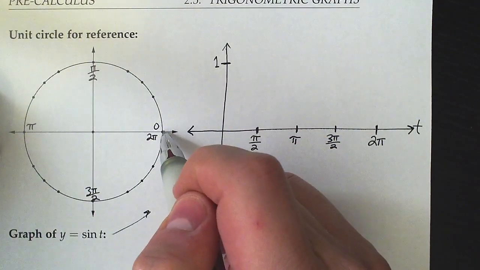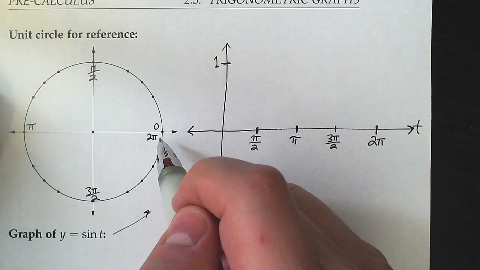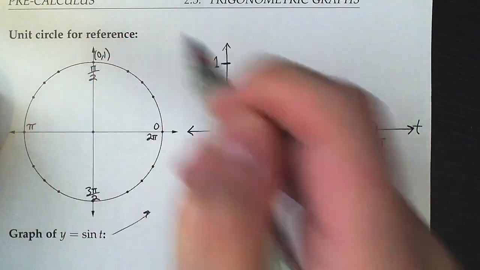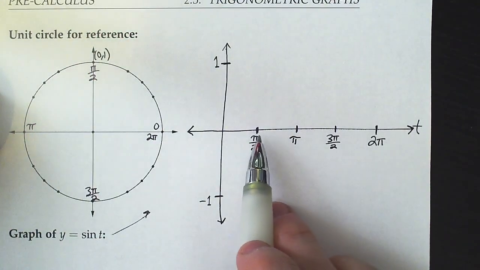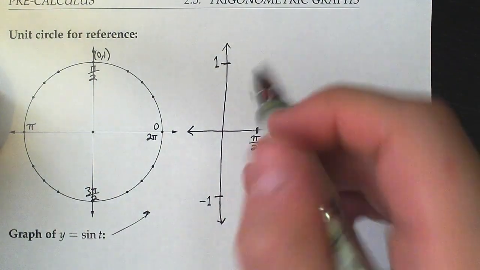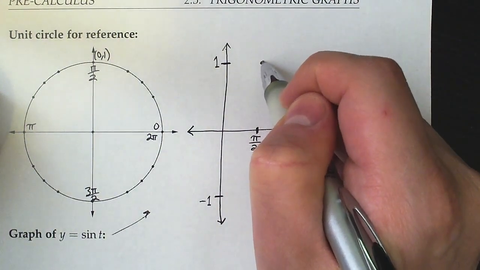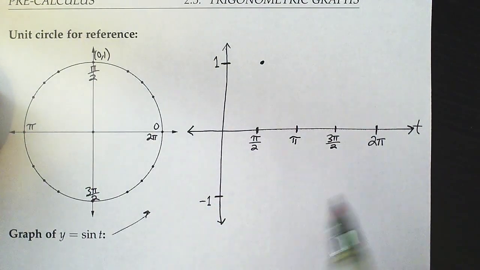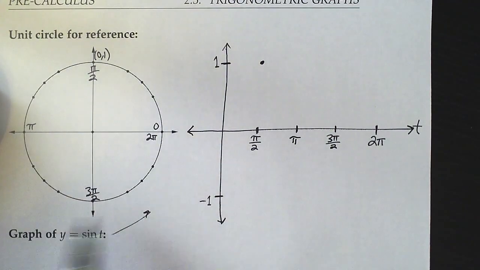So we just did a minute ago, sine of pi over 2 was 1, and that's because of this terminal point 0, 1. So on the graph, sine of pi over 2 needs to be 1. So we have a point on the graph up here. We're basically going to fill out a few points, and then we'll connect it with a nice smooth curve. We could do it with a table of values, but instead of a table, I'm just using the unit circle.